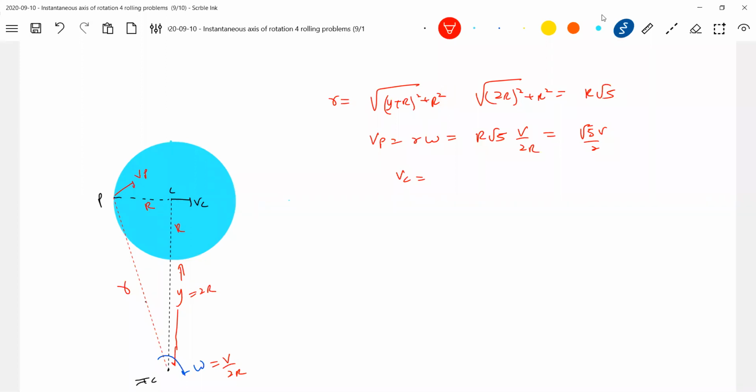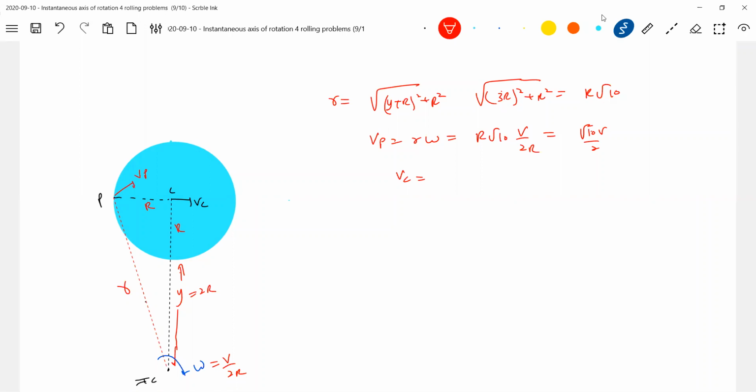So this will become total 3r, root 10. Check once the calculation: 9 plus 1, 10, root 10. Yeah. Root 10 by 2. Okay, check the calculation once, and then I'll proceed. R gets cancelled. Okay, this is the velocity.